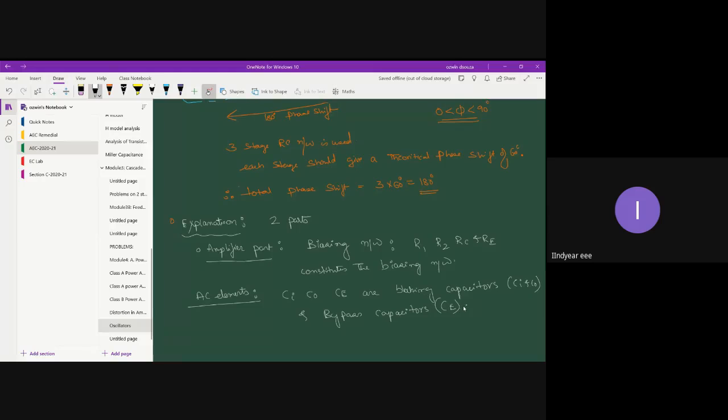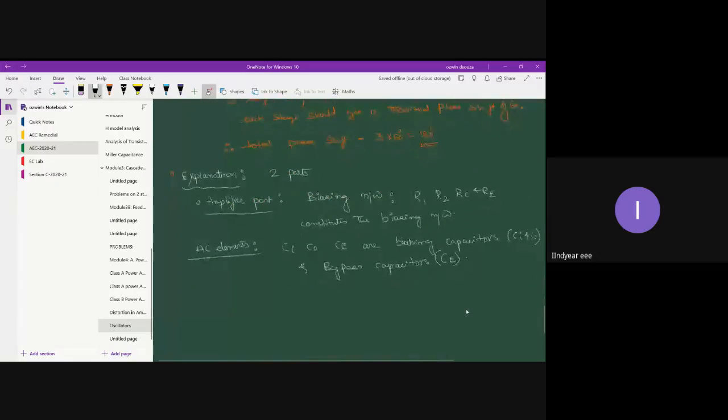CE is the bypass capacitor. So proper biasing is chosen for faithful amplification.